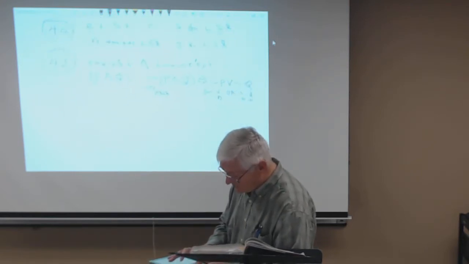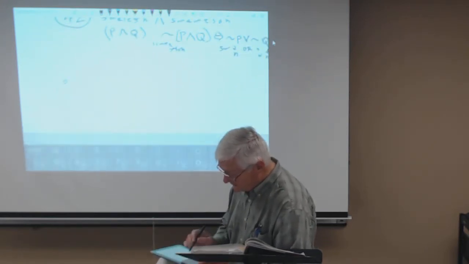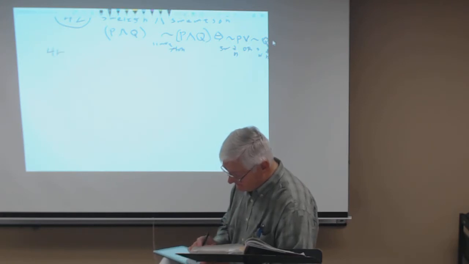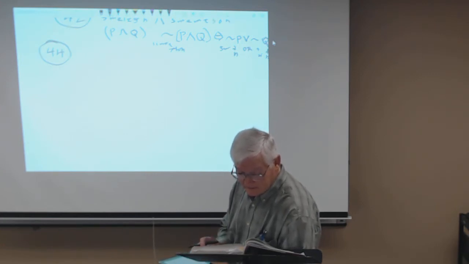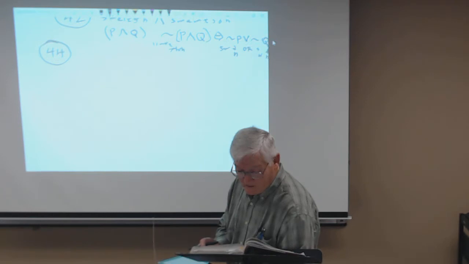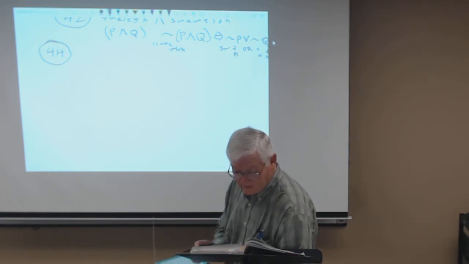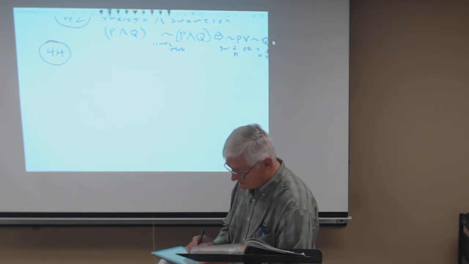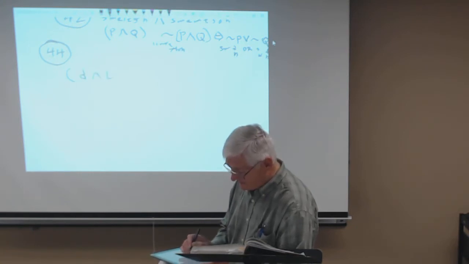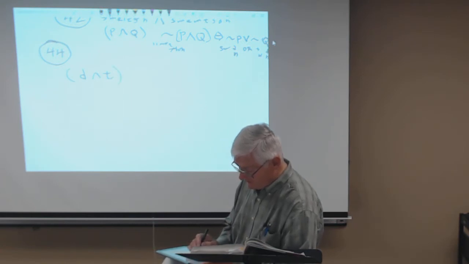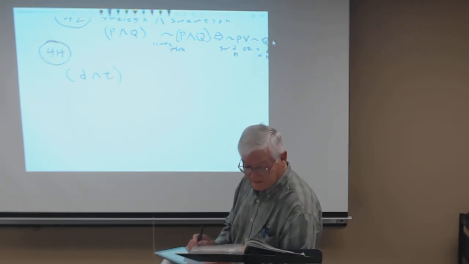Number 44. Nothing is certain but death and taxes. How would I finish that?